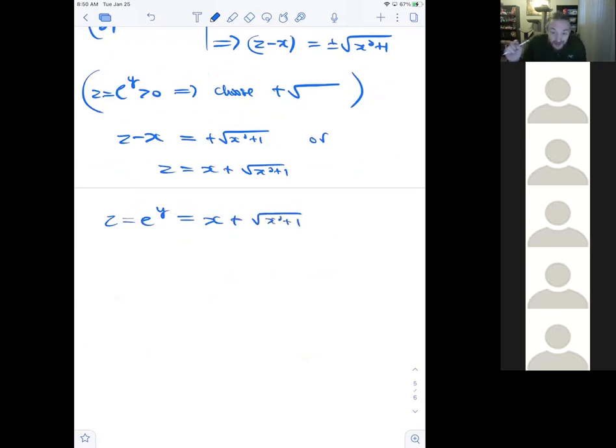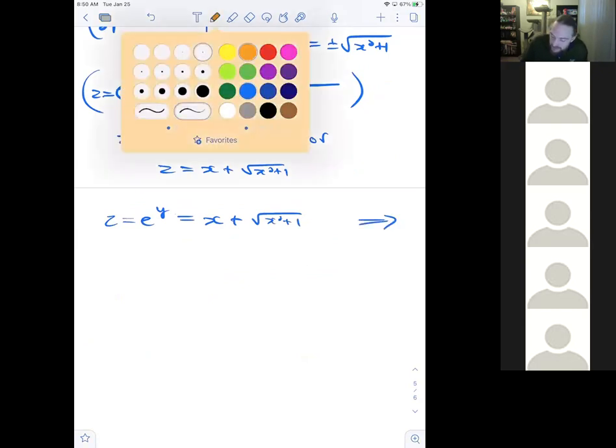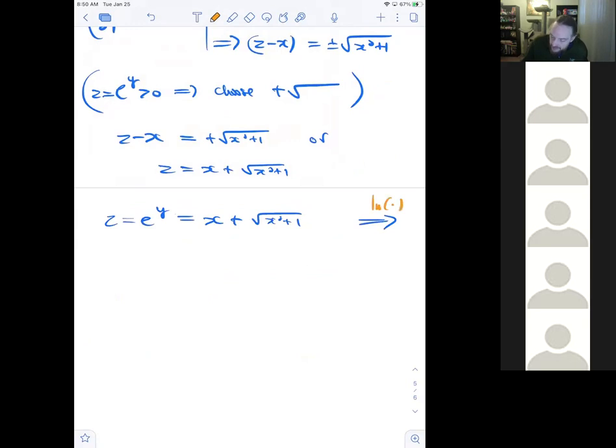We were solving for y originally, so natural log both sides. And we get y is equal to the natural log of x plus square root of x squared plus 1.